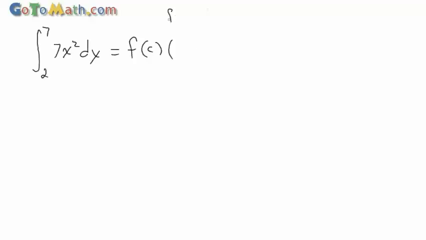So f of x is equal to 7x squared, and our interval is between 2 and 7. This is our a and that's our b, and so we end up with 7 minus 2, and we want to solve for c in this equation. This is an equation. There's an equal sign.